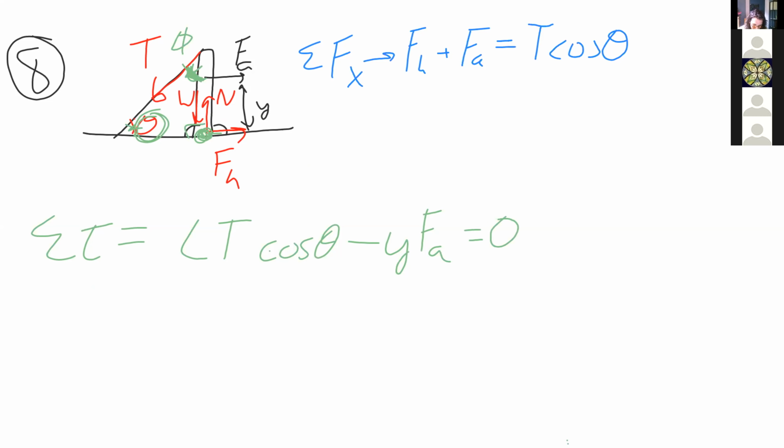Rearranging this just a little bit, we have LT cosine of theta is equal to y times f sub a. And looking at the equation that I have up above, I see that I also have a T cosine theta there as well.